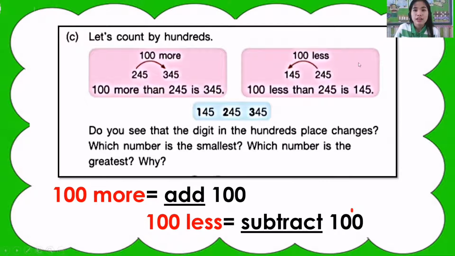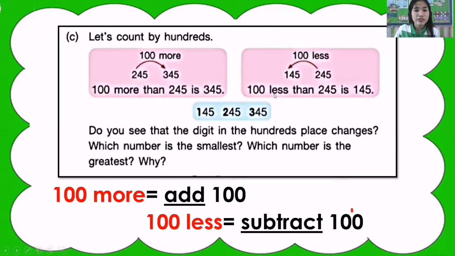But if it is 100 less, you are going to subtract 100. Do not add, okay, because it is less. So 245 minus 100 is equal to 145.